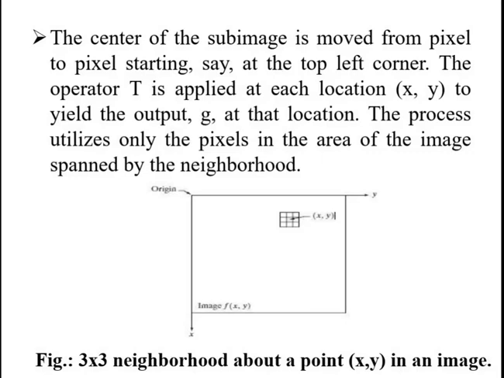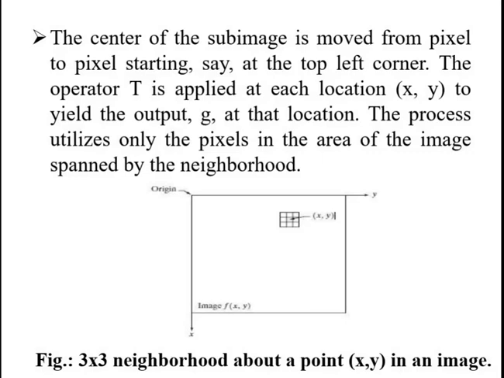For example, suppose that the neighborhood is a square of size 3 by 3 and that operator T is defined as computing the average intensity of the neighborhood. Consider an arbitrary location in an image, say (100,150), assuming that the origin of the neighborhood is its center.